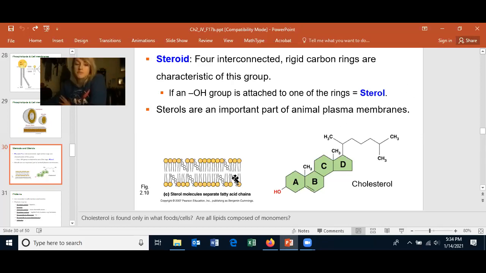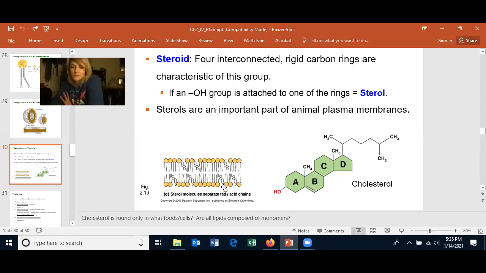Why do plants not have cholesterol in their cell membrane? Why wouldn't they have cholesterol strengthen their cell membrane? They don't produce it. That is true, but if they were to produce it, why do they not need cholesterol in their cell membrane?